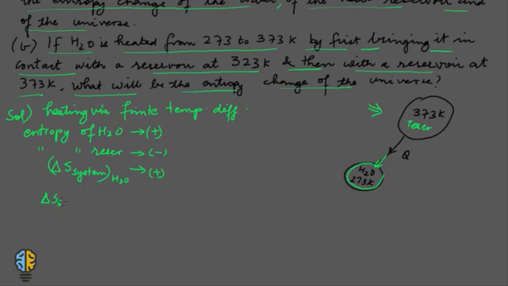delta S system, that is your water, is equal to integral dq upon T, where the end states are between T1 and T2.